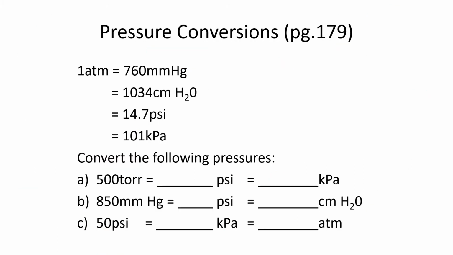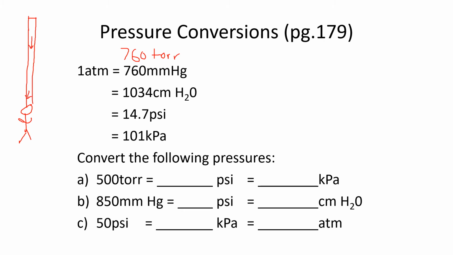All right, conversions. So this is all 1, 2, 3, 4, 5 different ways of saying the same thing. Right. So 1 atmosphere. So here you are standing, and above you is a big old long column of gas that's pushing down on you.